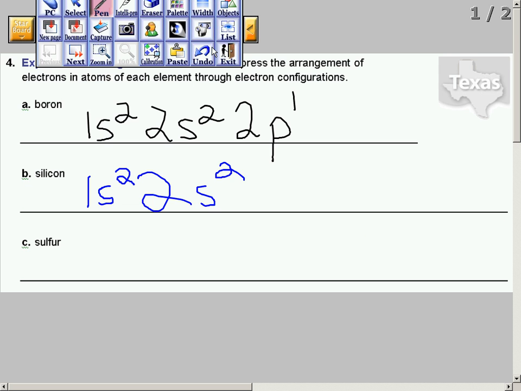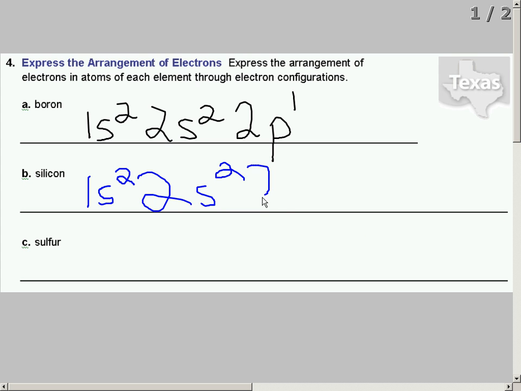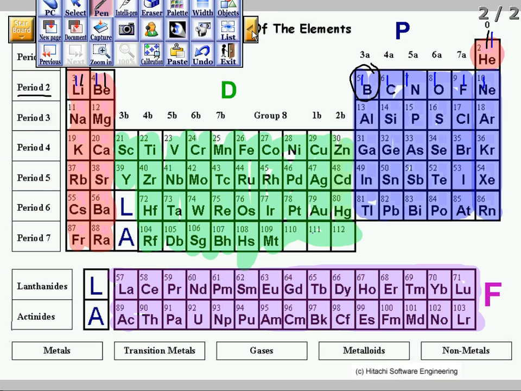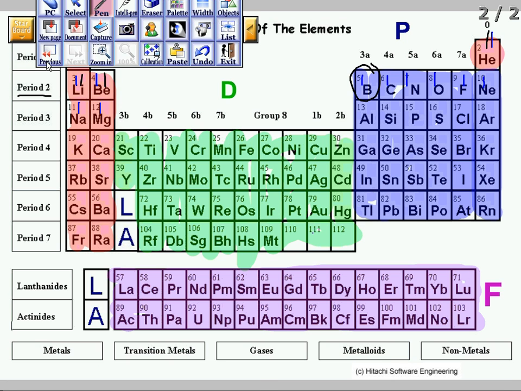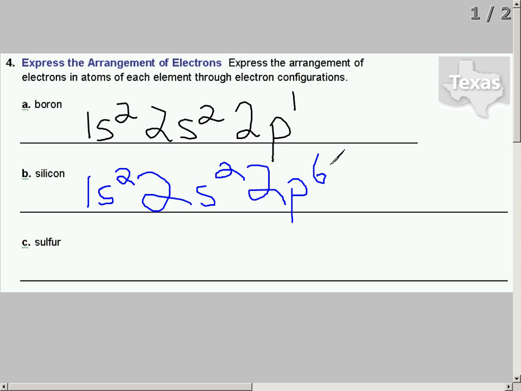We filled up energy level 2, p orbital, 2p6. Now we're at energy level 3. We go 3s1, 3s2. We filled up the S shell in energy level 3, so let's do a 3s2.